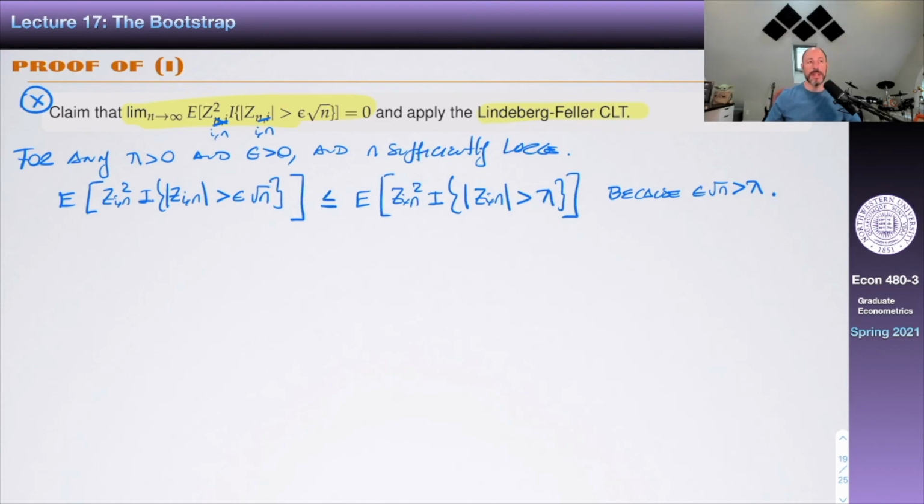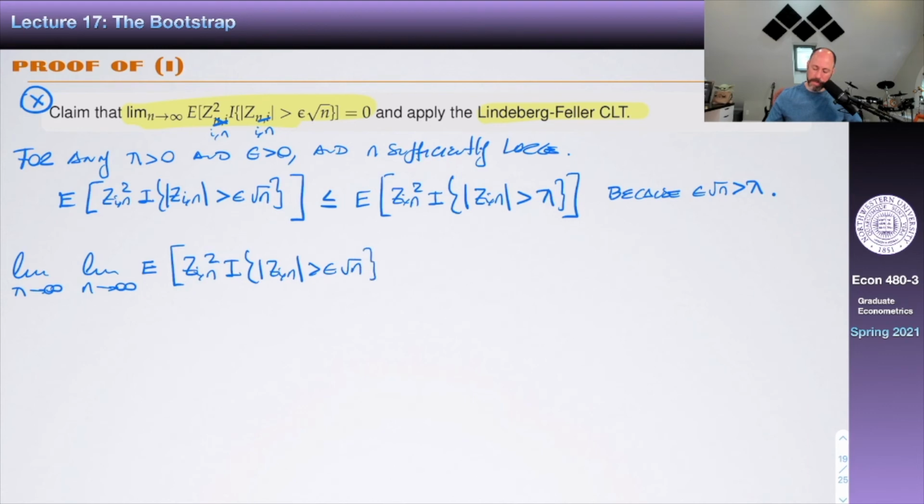So now what I do is this. I want to take limits as n goes to infinity on both sides. I want to take limits as lambda goes to infinity on both sides. So it's just going to look like this: lambda going to infinity, limit as n goes to infinity of this thing. I'm doing two steps in one here to save some space.